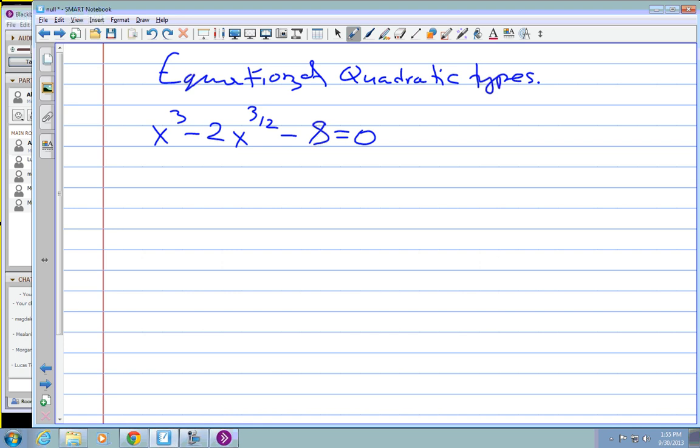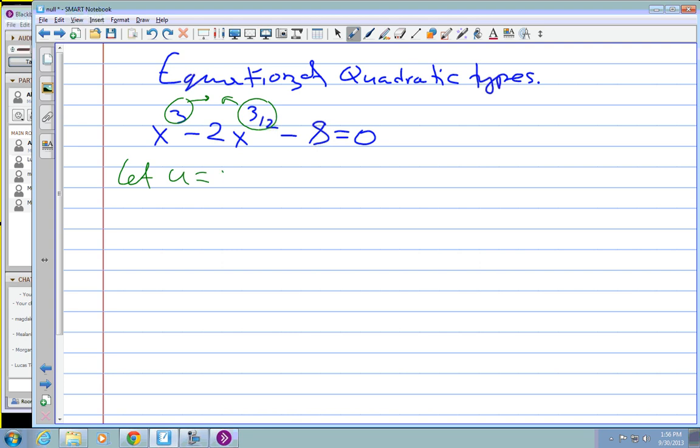So again, the relationship is when you notice that you have two exponents and one is the double of another. If you multiply 3 halves by 2, you're going to get 3. So that means you're looking at something that's sort of quadratic. When one power is the other power times 2, we make a little substitution. We say let u equal whatever exponent is not squared.